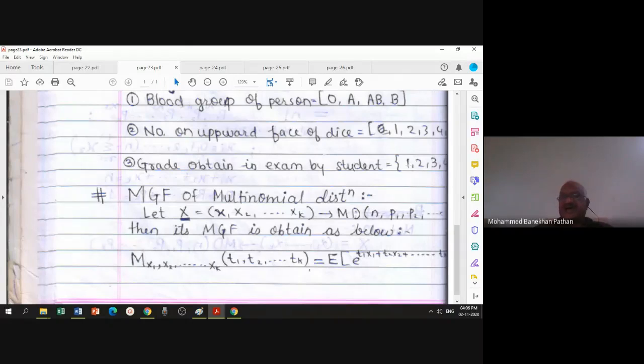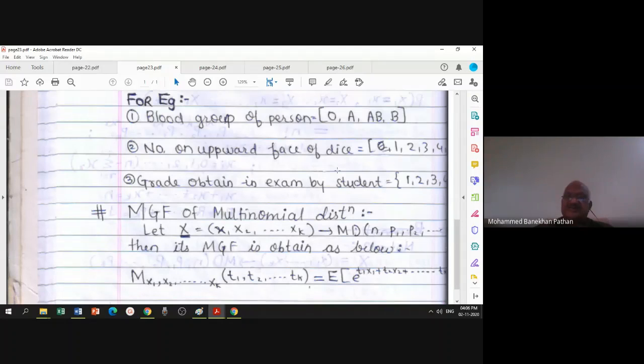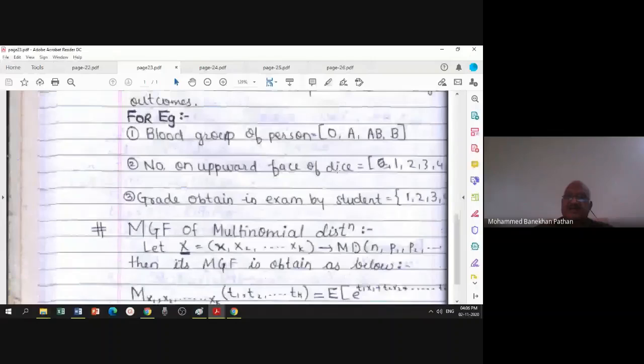That means I divide the performance of the student on a 4-point scale. So a student may get first grade, second grade, third grade and fourth grade. So these are the examples where you can apply multinomial distribution.